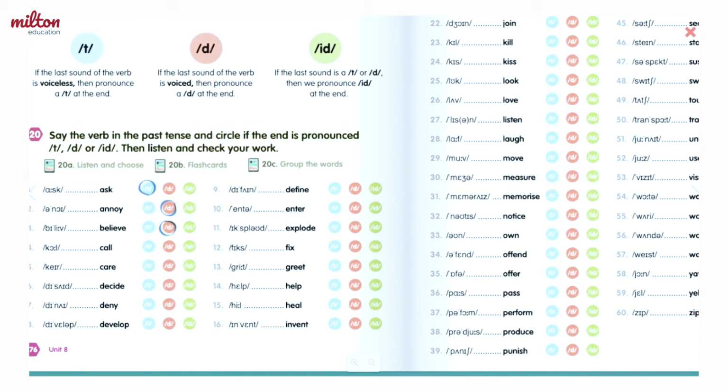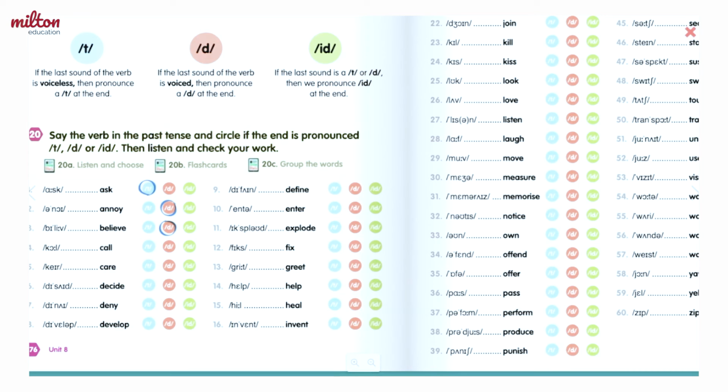In exercise 20, you're going to practice what you learned about the pronunciation of the regular past simple verbs. In exercise 20, you're going to try to say each of the verbs out loud in the past tense.